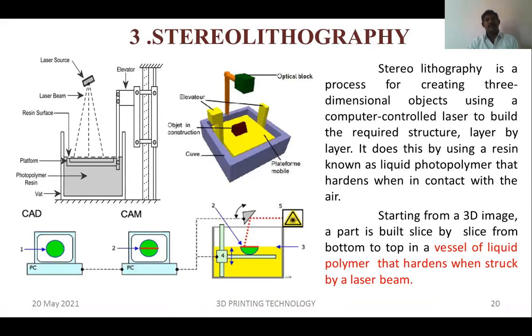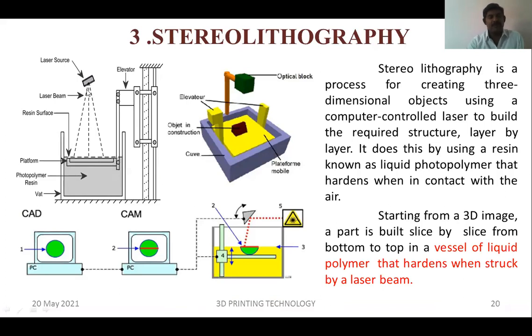So the next method is stereolithography. Stereolithography consists of a vat containing a photopolymer resin, a flat platform, and an elevator. There is a resin surface, and a laser beam and laser source are available here. This platform is carried through this elevator.